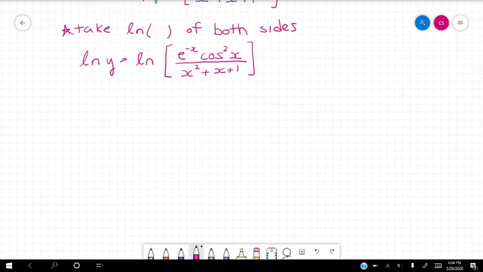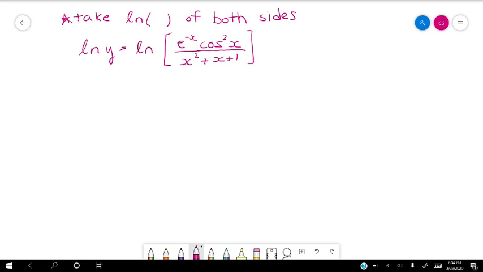So first thing we would have to do is our quotient rule first. So let's take our numerator, take the logarithm of that, and subtract it from the natural log of the denominator.